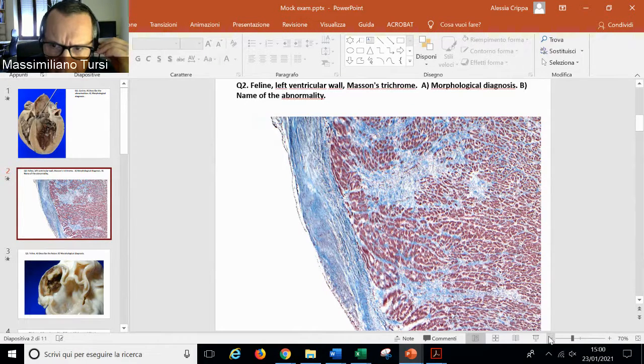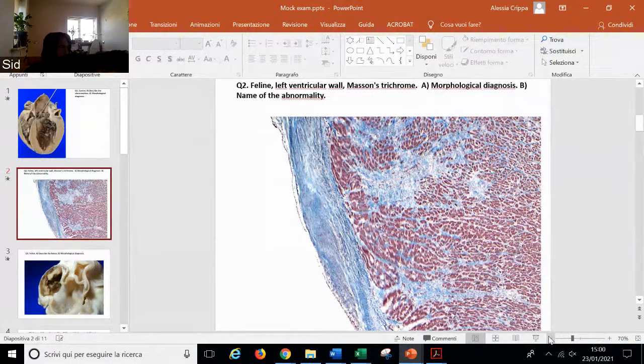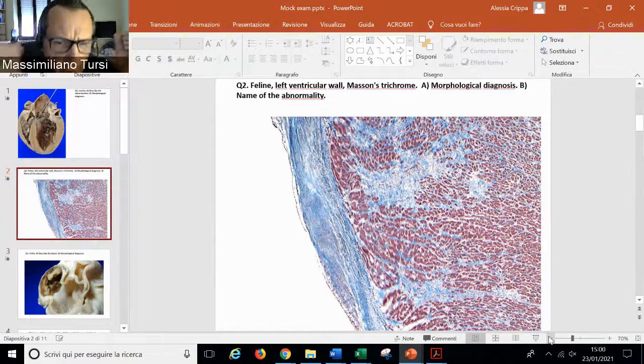And what about Sid? Is it clear for you, Sid, the picture, the concept, the information? Yes, I think so. I sort of wrote down the fibrosis, and is this what they mean when they talk about myocyte disarray? No, here there is not a disarray. Take care, Sid, but also for everybody, because at histological examination, we appreciate the disarray when the myocardial cells are in longitudinal pattern.